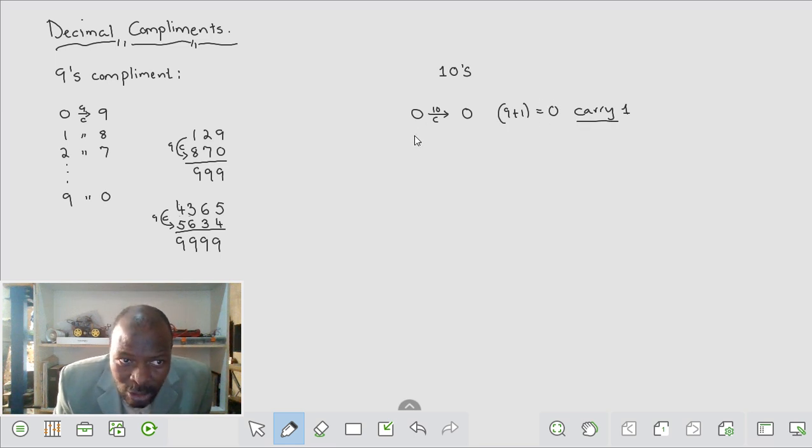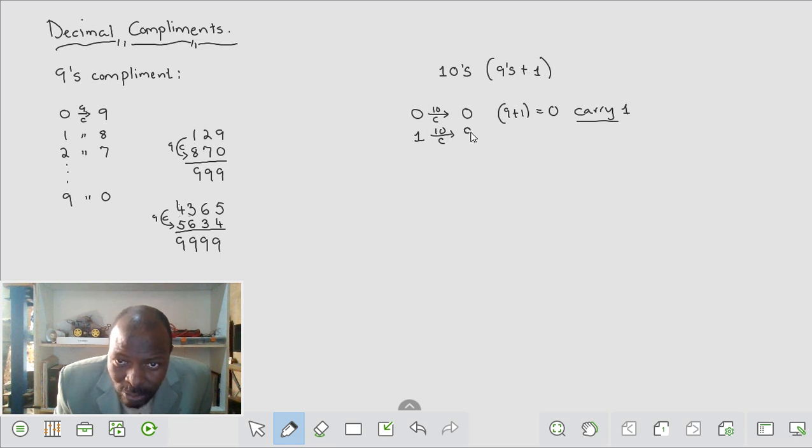Let's take 1. 10's complement of 1. It would have been 8 for 9's complement. Remember, 10's complement is 9's complement plus 1. We're talking complements here. So here it would have been an 8 for 9's complement.